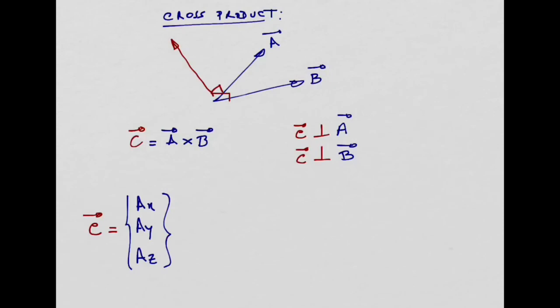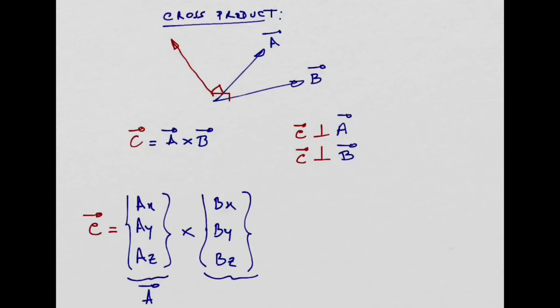This is my vector A. I'm going to do the cross product of my vector A with my vector B, with components BX, BY, BZ.